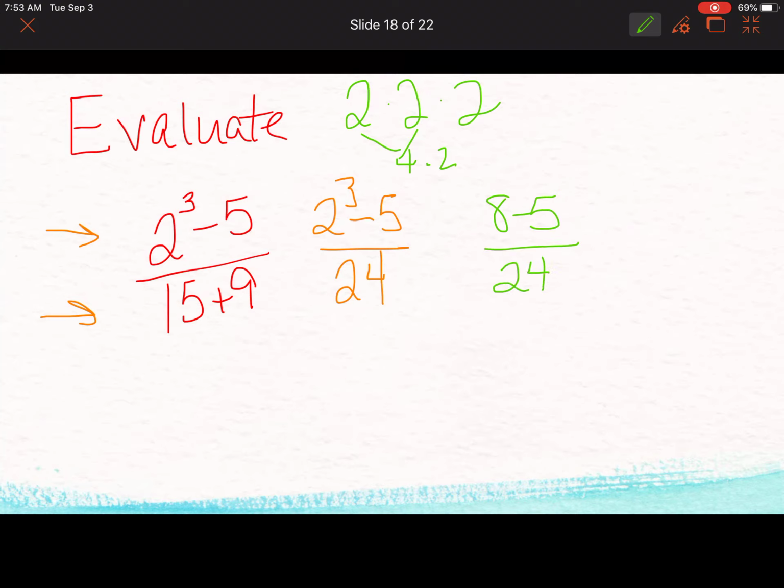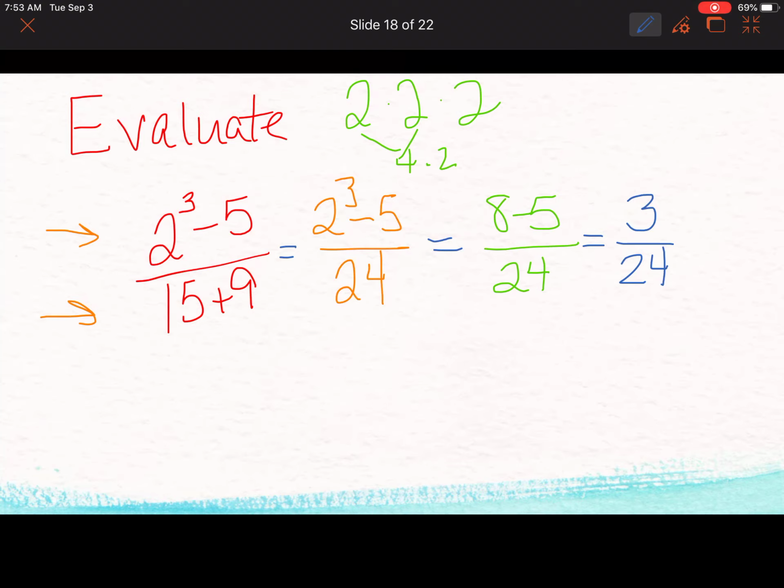I just bring everything else with me. Now I take care of what's on top because I have to finish out that grouping symbol. So 8 minus 5 is 3. That leaves me with 3 over 24.